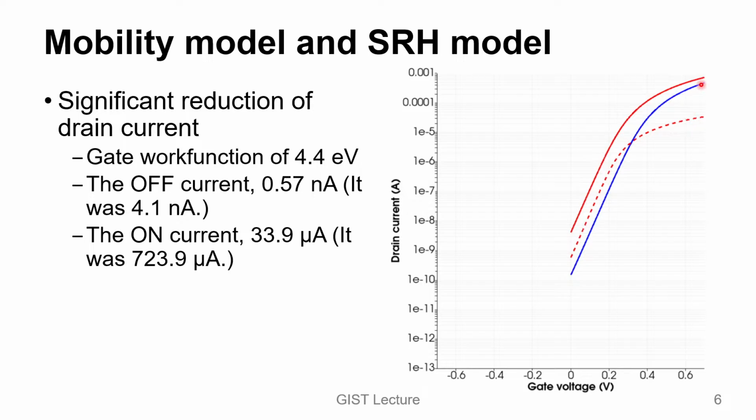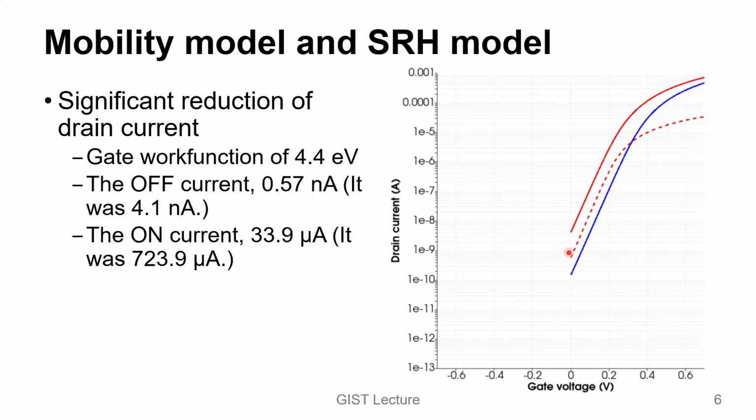Then we have a severe reduction of drain current and off current. Previously it was 4.1 nanoampere, and now it is reduced almost more than 6 times, I guess. 7 times, yes, about 7 times reduction is obtained here.